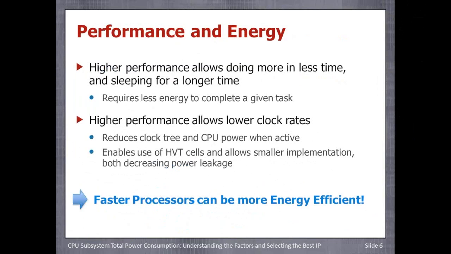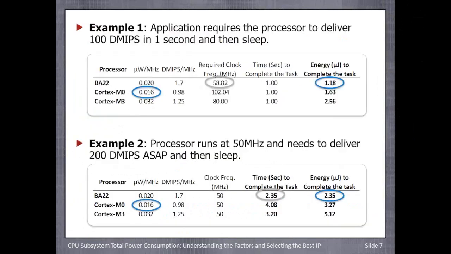And that allows you to synthesize in a smaller footprint and use high voltage threshold cells for 100% of your design. Both of those decrease leakage power. So again, faster processors can be more energy efficient. Let's look at a couple of examples to understand this in a bit more detail.